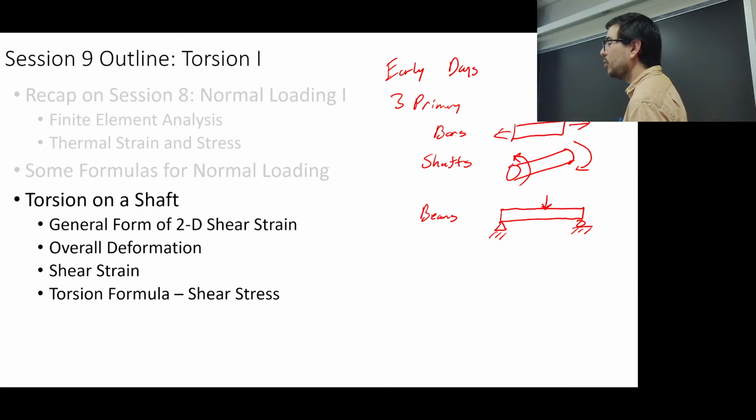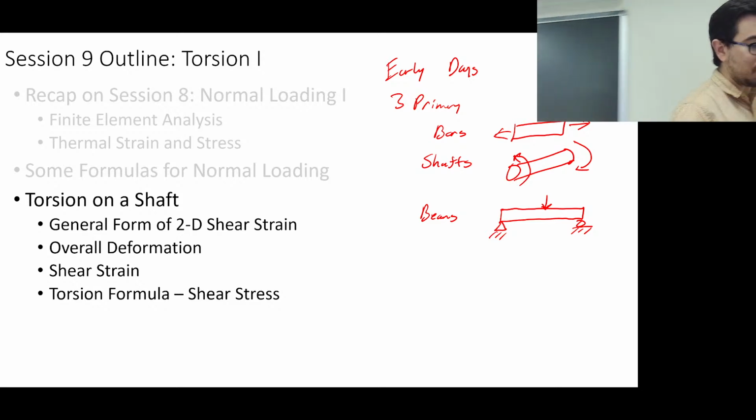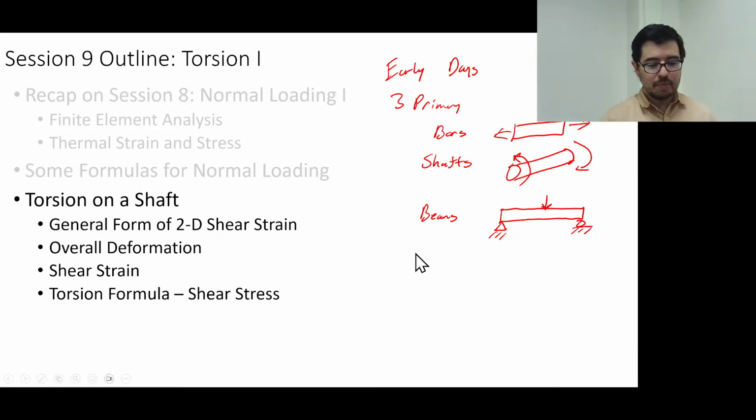And then we'll spend a lot of time on beams. We'll do some stuff in between, and then we'll go back to the beams. Beams are important. Shafts are important too. There are also trusses, but you have to endure my bad drawings here.